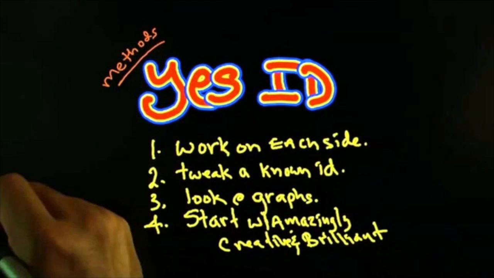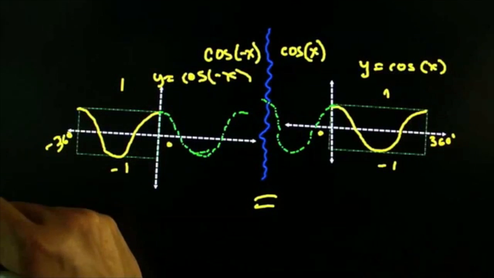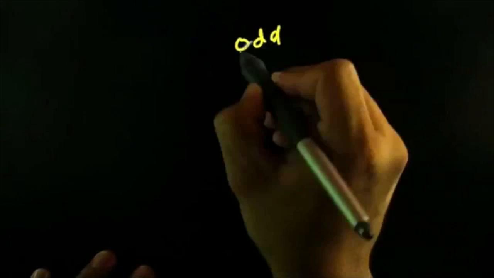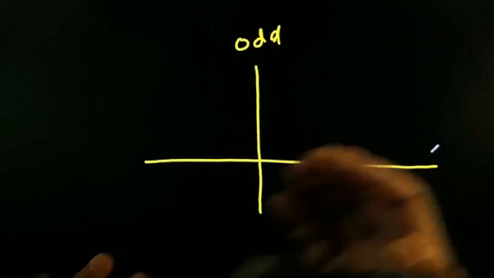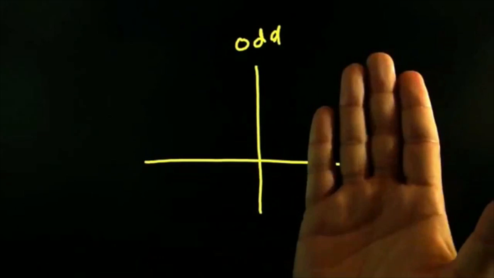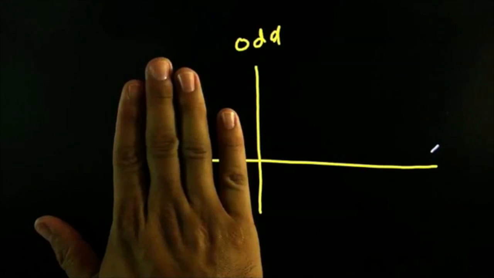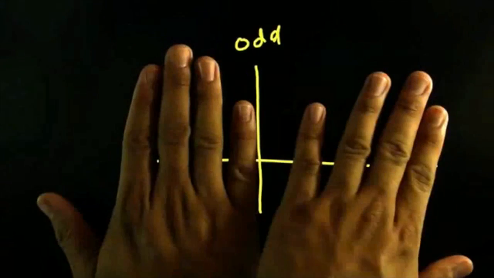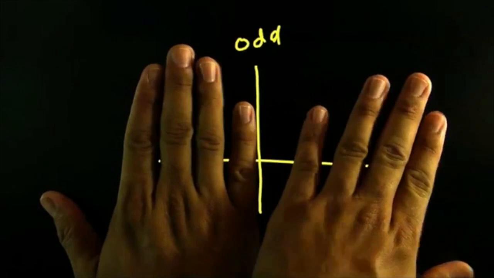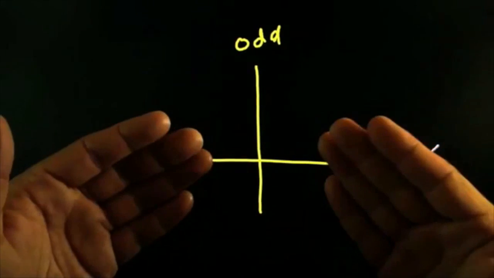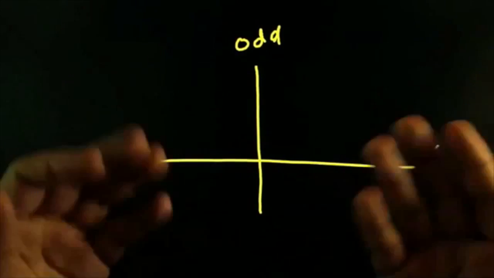And not only that, but that gives you another characterization of odd functions. If you take all the positive x's and all the negative x's and flip them, the picture looks maybe not the same as the original one. That would be an even function.